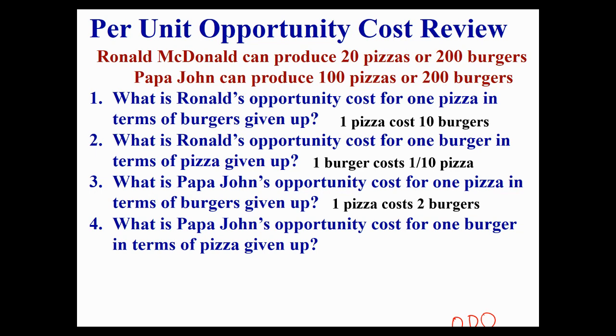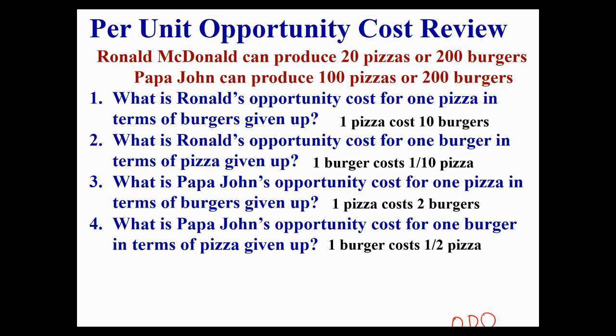So if we want to know how much it costs to make one burger, we go other over, right? The other product's number over. We'll do some more examples of that as we go through. So then, if we want to figure out what is Papa John's opportunity cost for one burger, we're going to take the inverse, and one burger costs one half pizza.